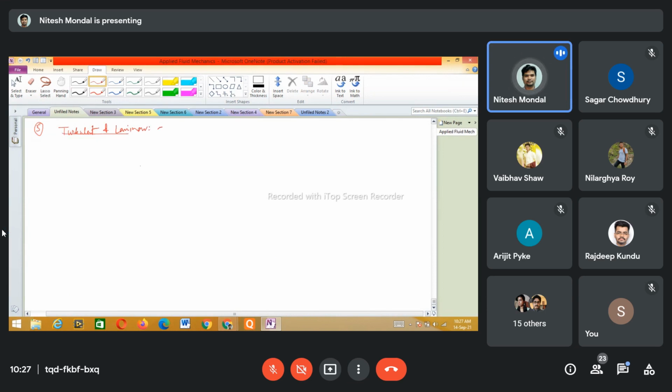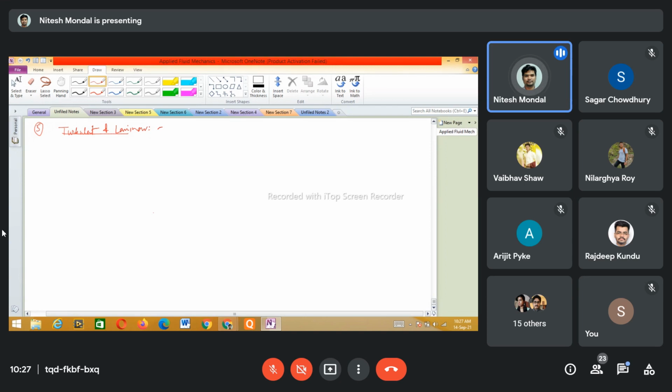Turbulent flow and laminar flow are classified according to the pattern of the streamline. When the streamlines are mixed with each other, then this is the turbulent flow. And the scientist Reynolds gave a parameter which is known as Reynolds number. So Reynolds number depends on some properties of the fluid and flow characteristic of the fluid.